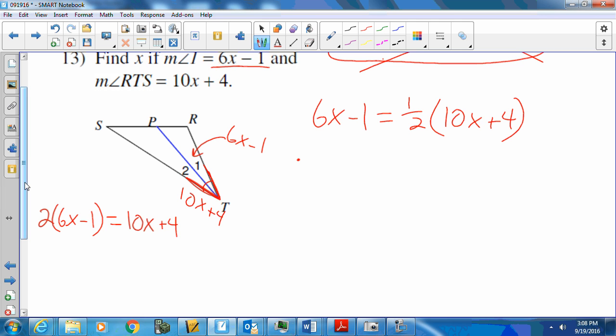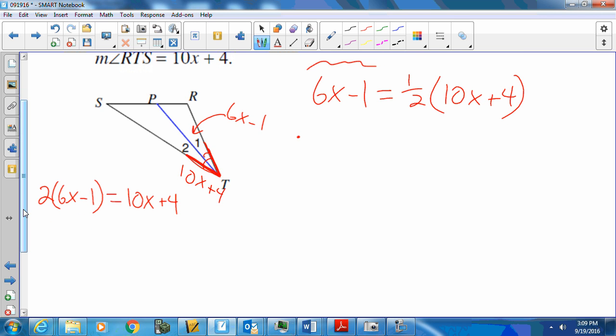Right? Now think of why these equations work. For this first one, this angle here, which is 1, is equal to half of the entire thing. If you look at this equation down here, 2 times our angle 1 is equal to the entire thing. So both of these are going to be okay.